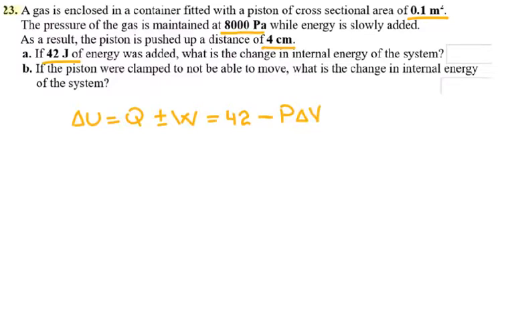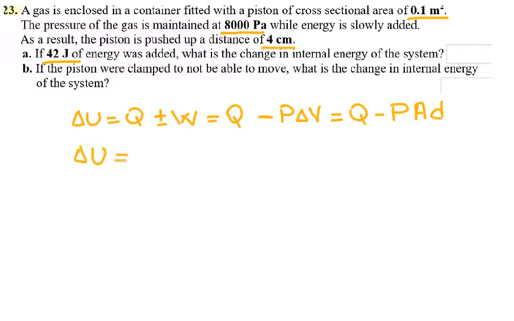So I can avoid plugging in the numbers for now. So I have heat, and the pressure is given and it's constant, 8,000 pascals, and the volume is area times the distance. So I have Q minus the pressure, and then I have the area times the distance that it travels. So now I can plug in my numbers.